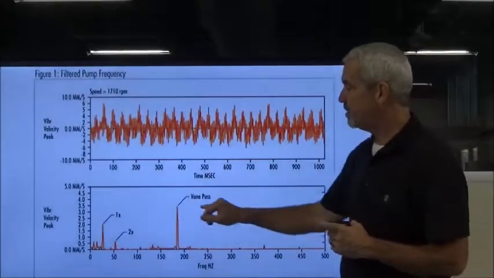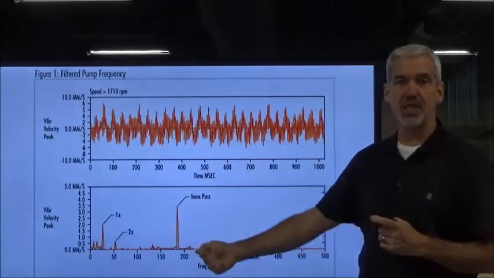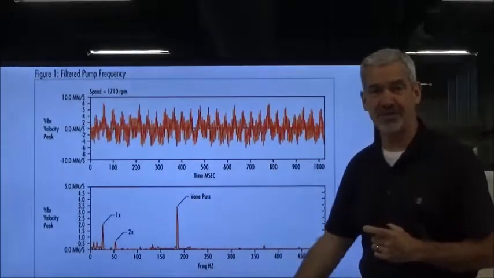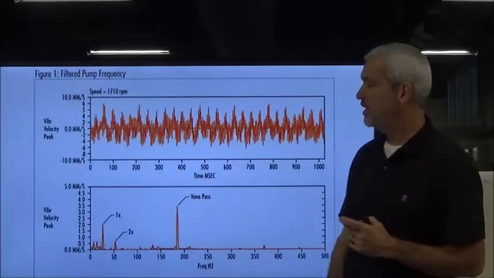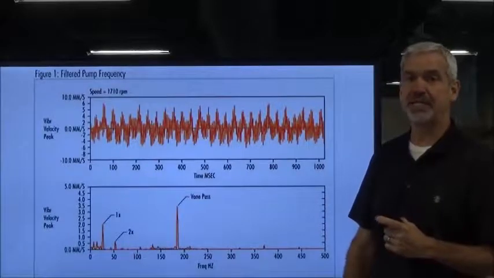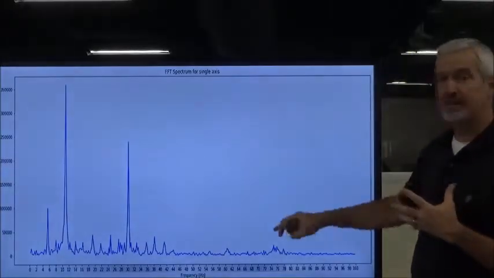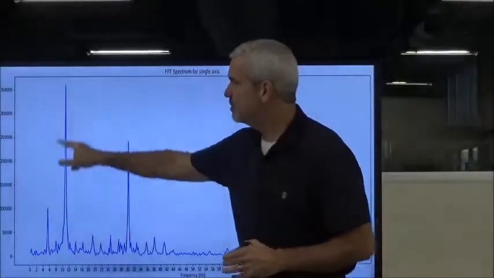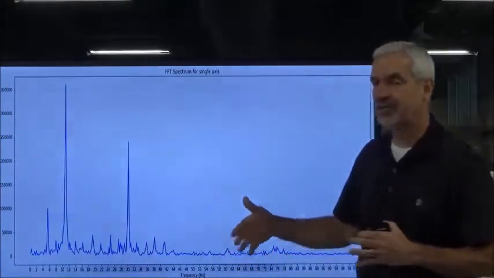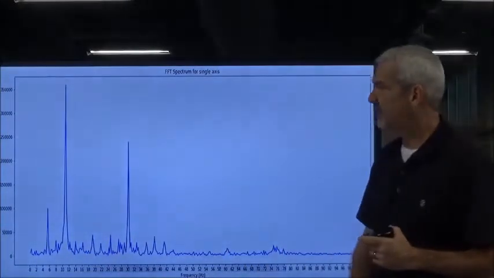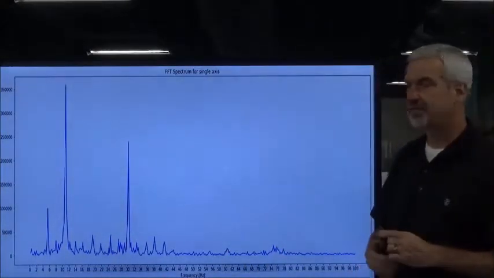So we can tell that something is rubbing one of the vanes in that pump, or the vanes are rubbing against something inside the housing, and it's giving us a frequency that we probably need to take a look at. This is a little bit cleaner version, and you can see the peaks of our amplitude and our frequency, our data.